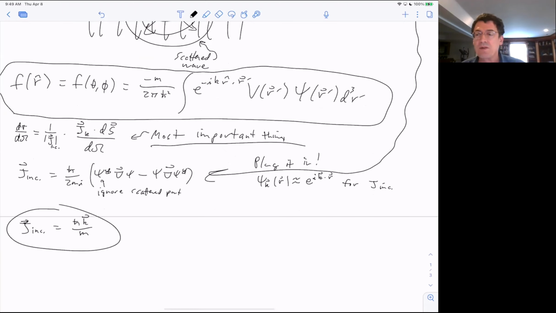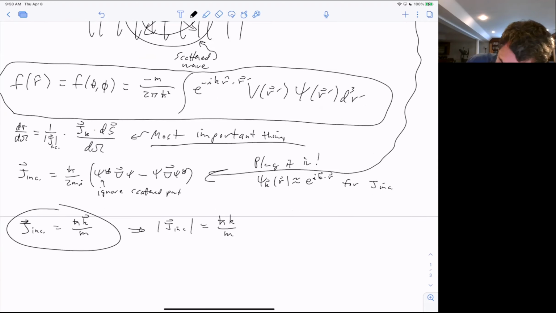We did that one before. And so the magnitude of j incident is very simple. It's just h bar k over m. All right, but now we got to do this other term.